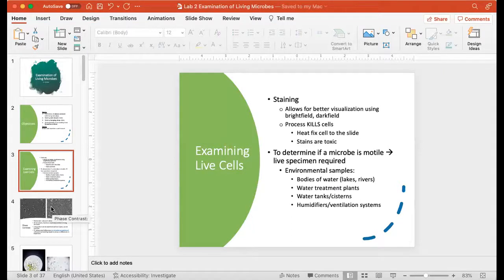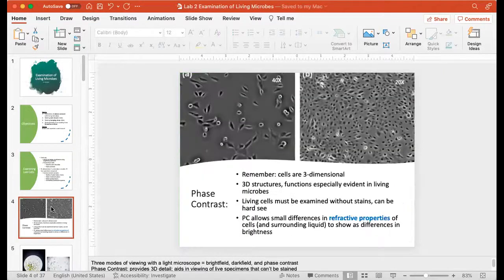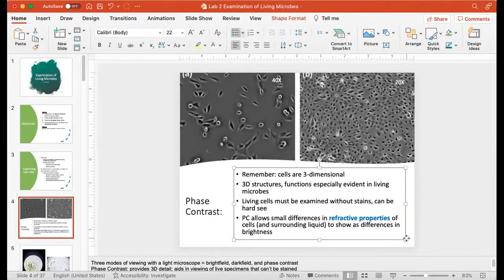Now, on the light microscope, we're going to choose phase contrast. That's the functionality that we're going to choose when we're looking at these living samples. And the reason we choose phase contrast is because it allows us to get the best view.